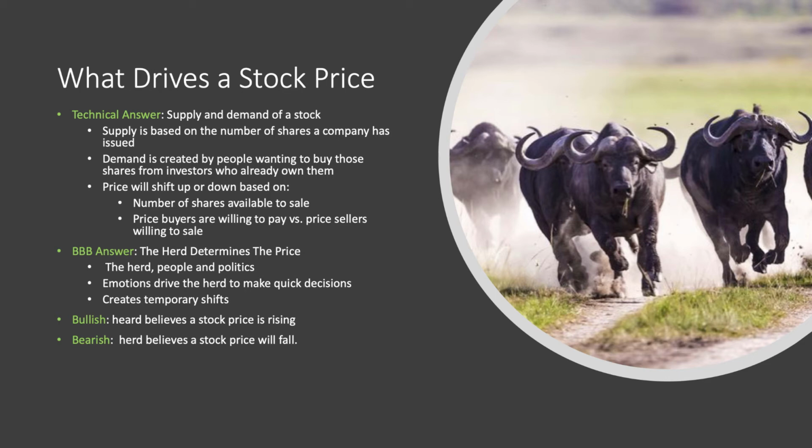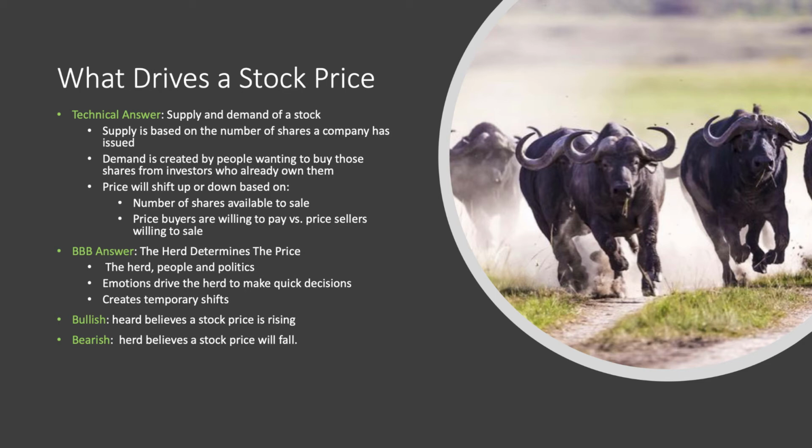So when the demand is created by people wanting to buy those shares from investors who already own them, the price will shift up or down based on the number of shares available to sell versus the price buyers are willing to pay or the price sellers are willing to sell at.